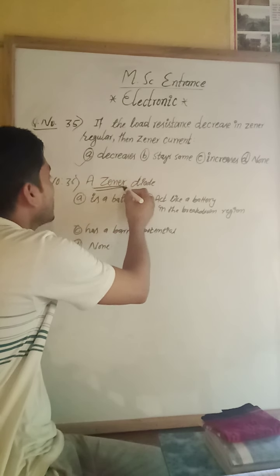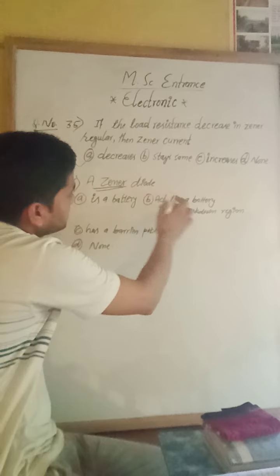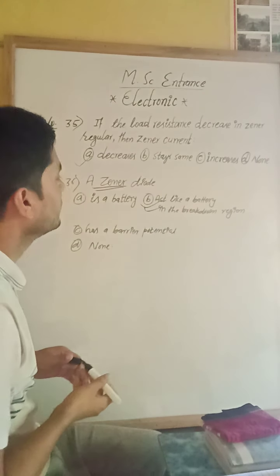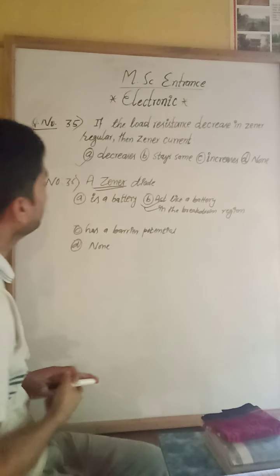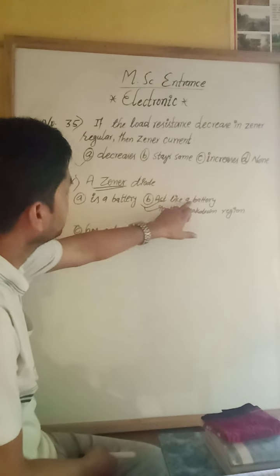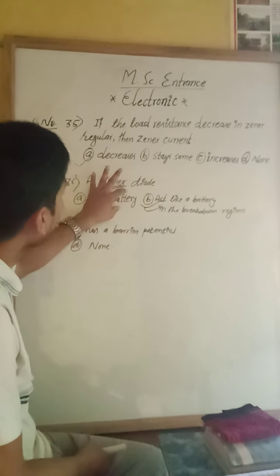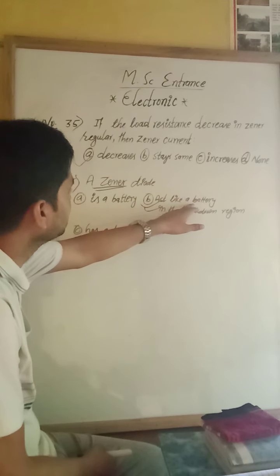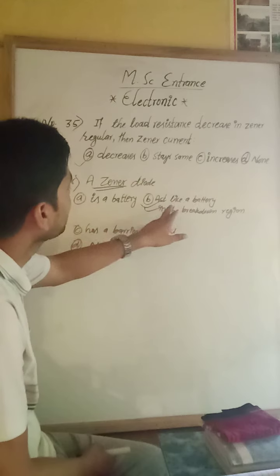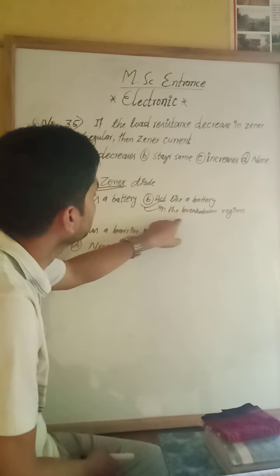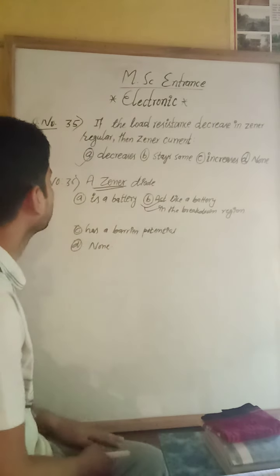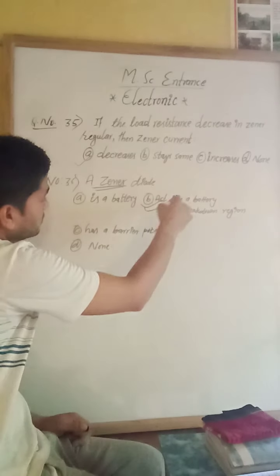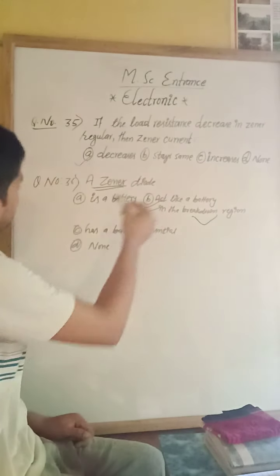A Zener diode is a diode which acts like a battery in the breakdown region. It is like a battery where the breakdown region occurs in the given circuit. The right option is option B.